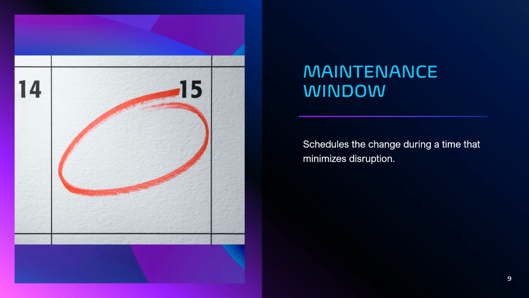The maintenance window refers to schedules, right? The when the change is going to occur, and the main point here is to minimize disruption. So the maintenance window reduces the impact on security operations by implementing changes during low risk periods.